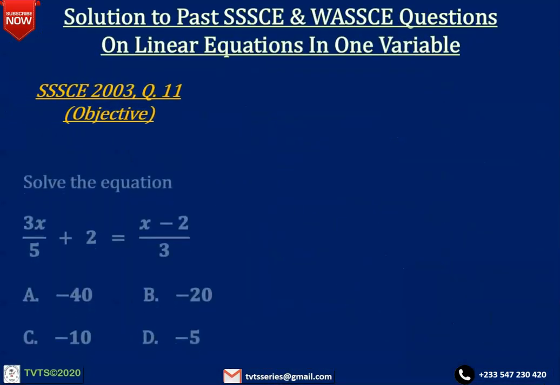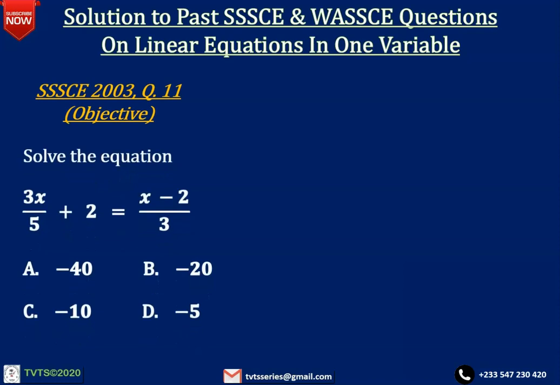SSSCE 2003. Objective question 11. Solve the equation 3x over 5 plus 2 is equal to x minus 2 all over 3. Solution.